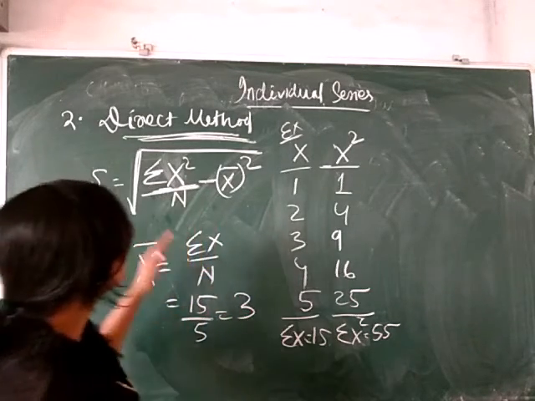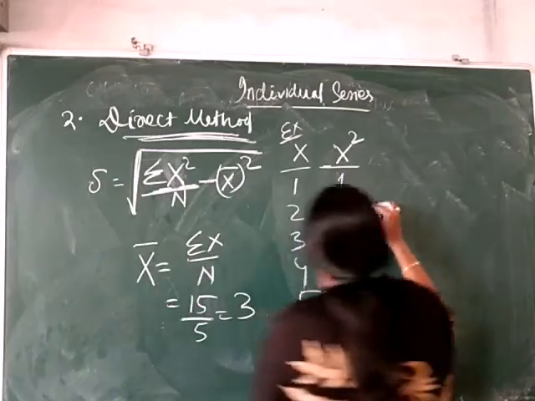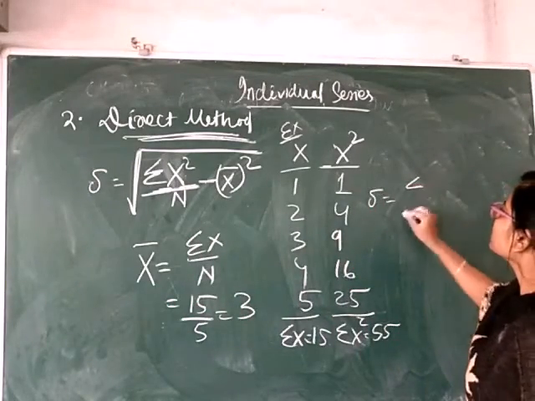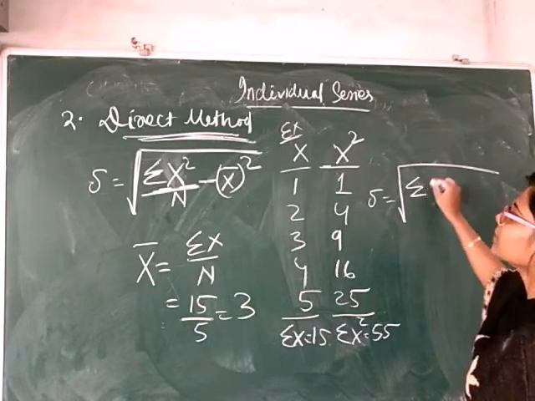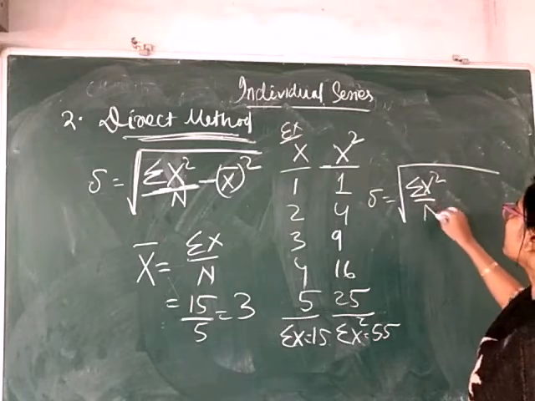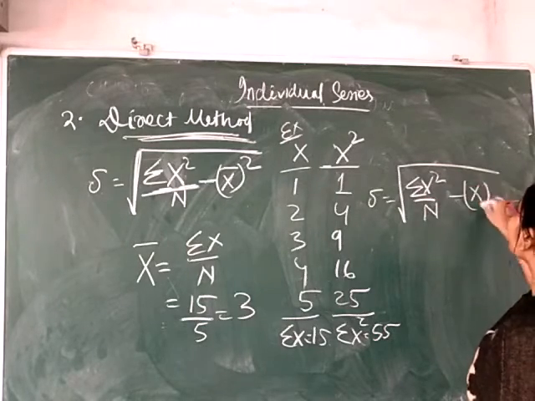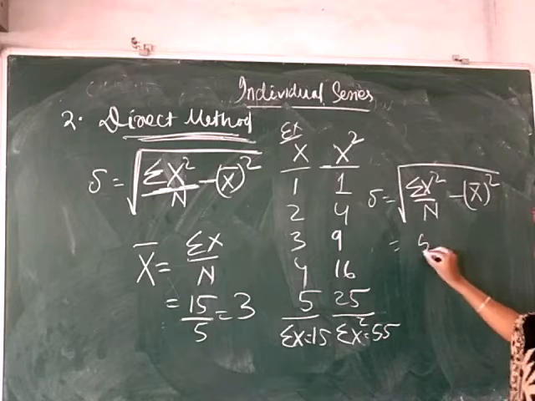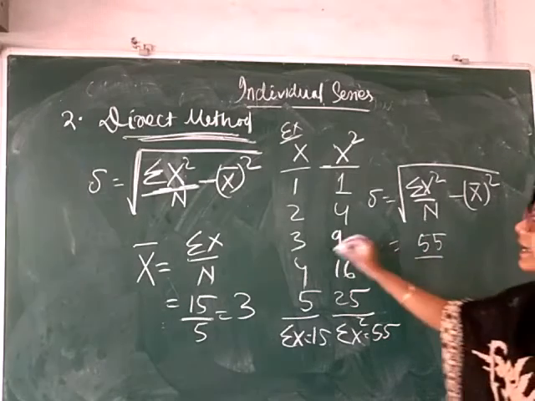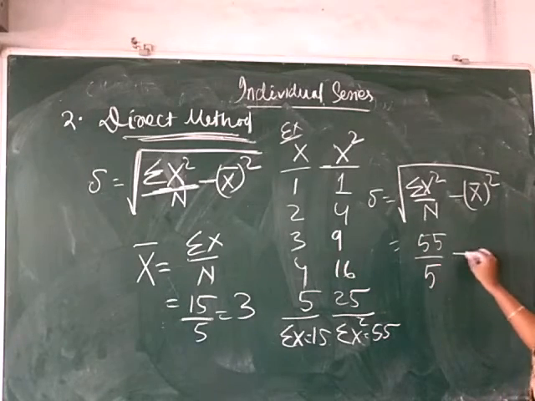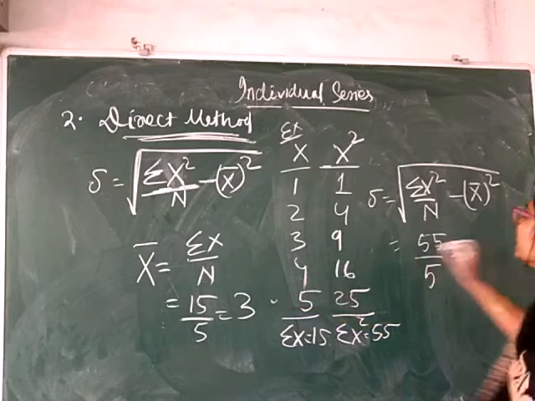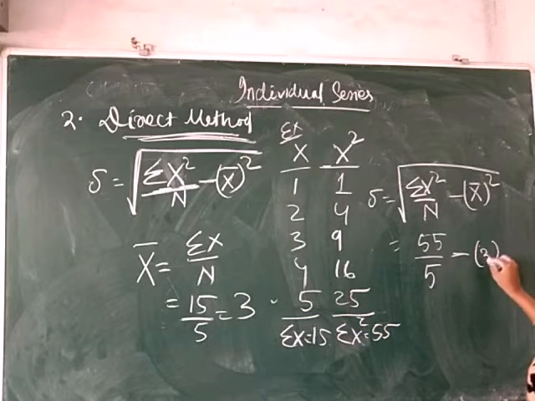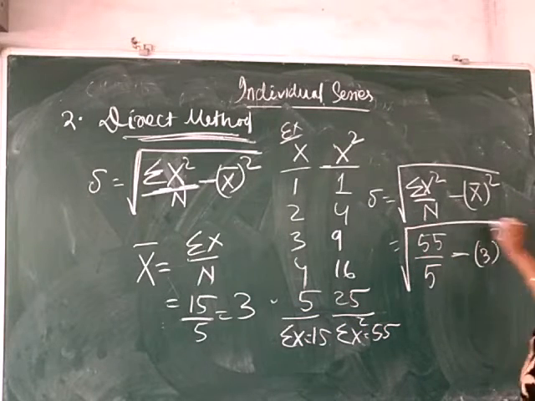Now we put the formula, that is standard deviation equals square root of summation of x square by n minus whole square of mean. So here summation of x square is 55 all divided by n, which is 5, the number of observations, minus the square of the mean, that is whole square of 3.